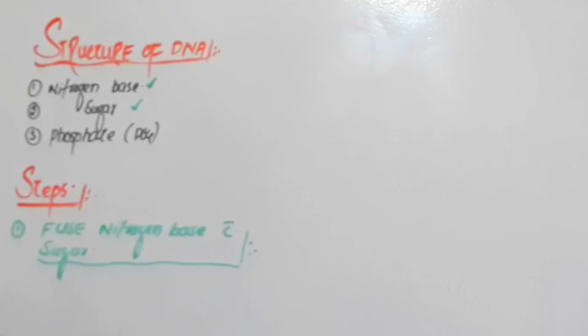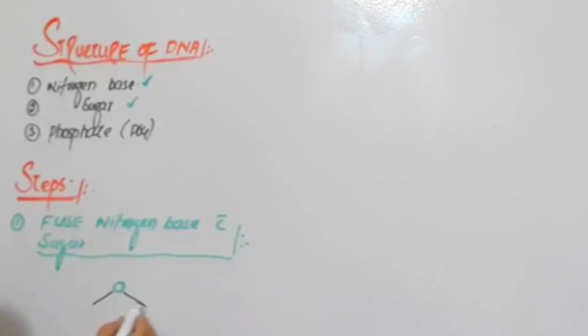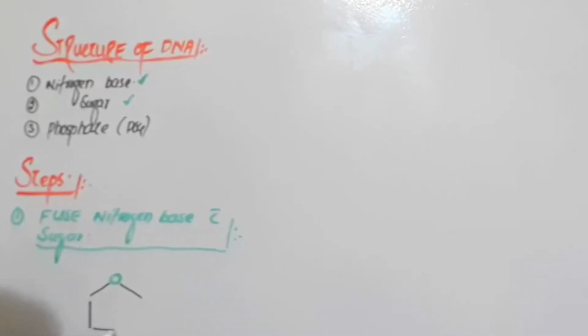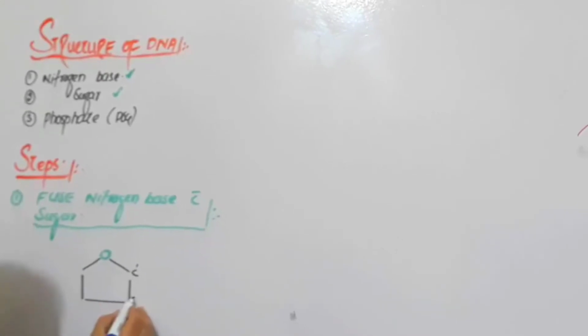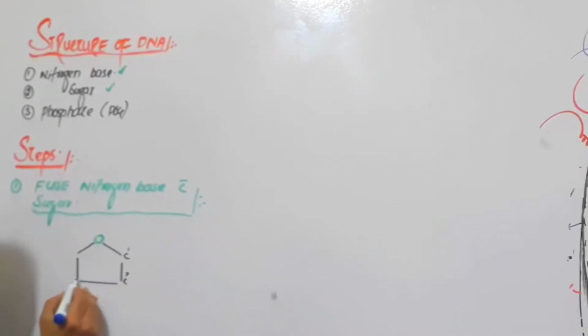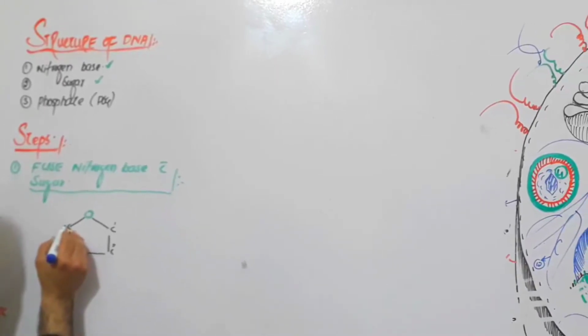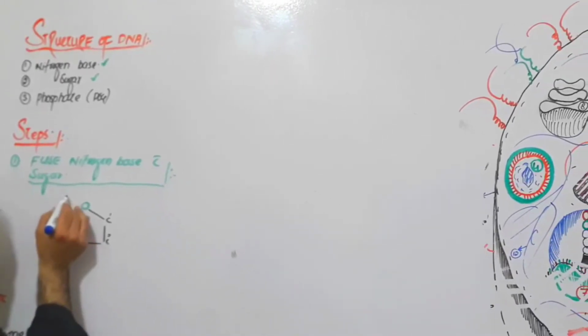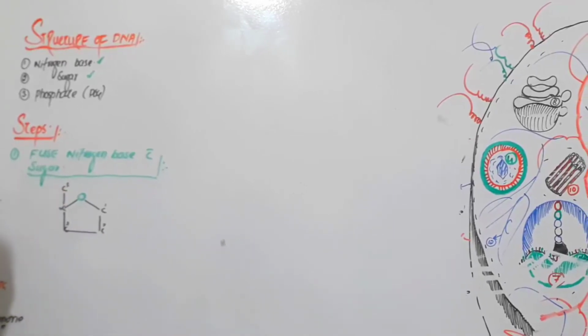Okay, we have sugar, there is the oxygen. Let's draw a little bit of structures also. This is our friend sugar, right? This is carbon 1, carbon 2, carbon number 3, here we have carbon number 4, and then here carbon number 5, right?